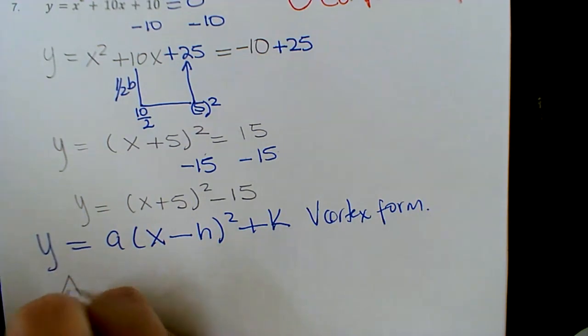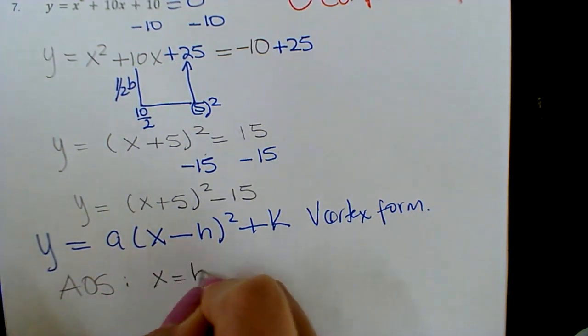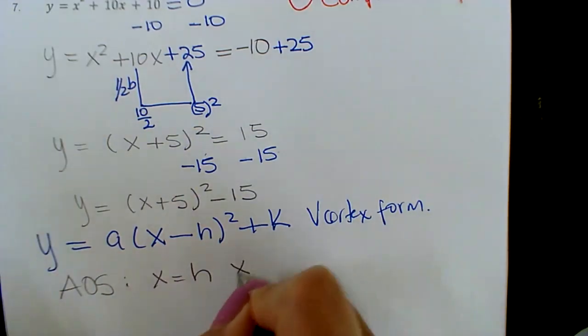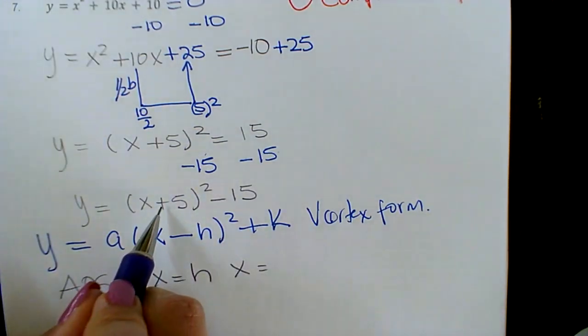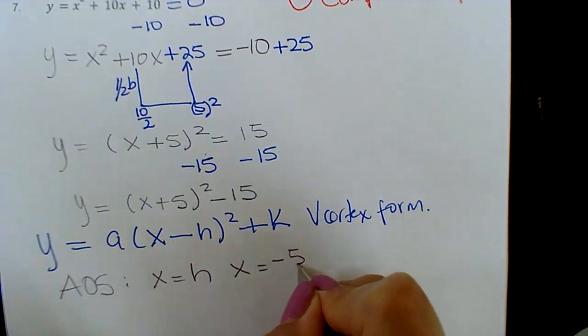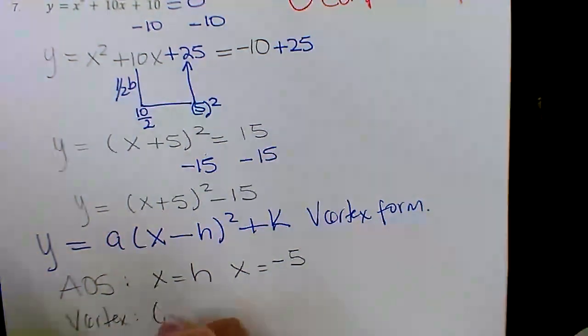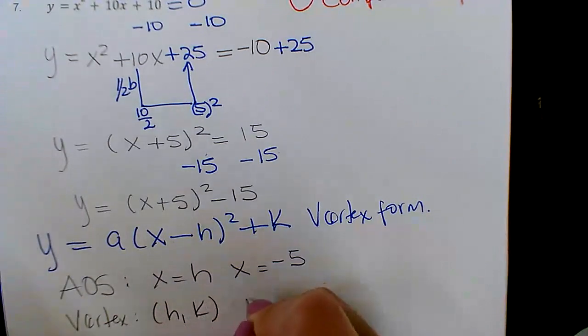So the axis of symmetry, which is x equals h, we always said that it's going to be the opposite. Plus and minus, it's going to be negative 5. And the vertex, h comma k.